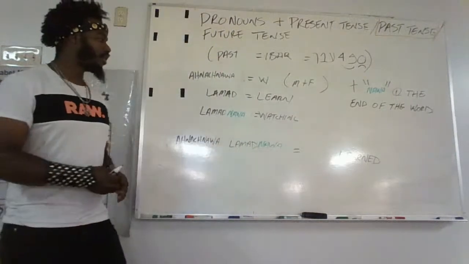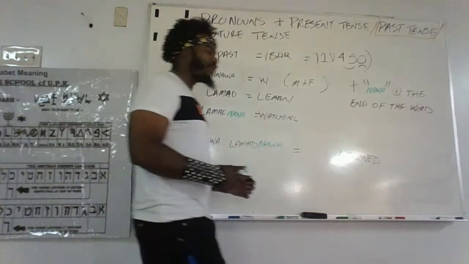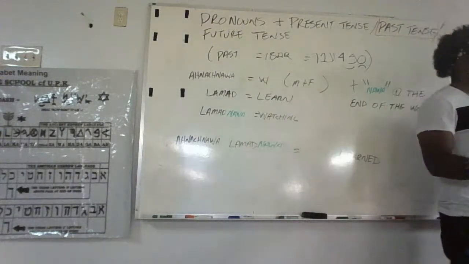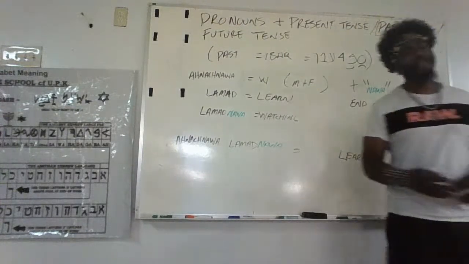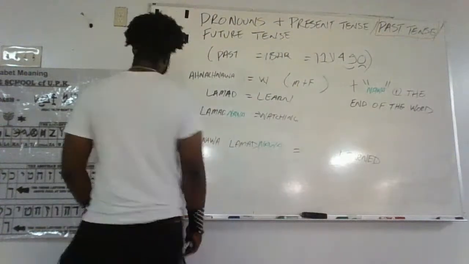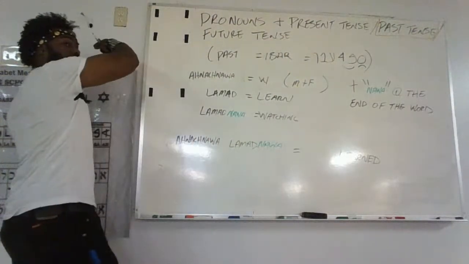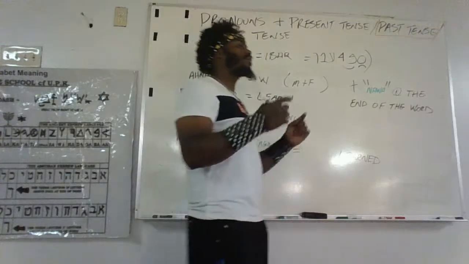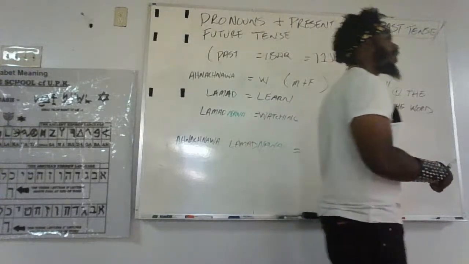So our Father which art in heaven, hallowed be thy name. Thy kingdom come in earth as is in heaven. Give us this day our daily bread. Give us our debts, which is past, as we forgive our debtors, future tense, right?